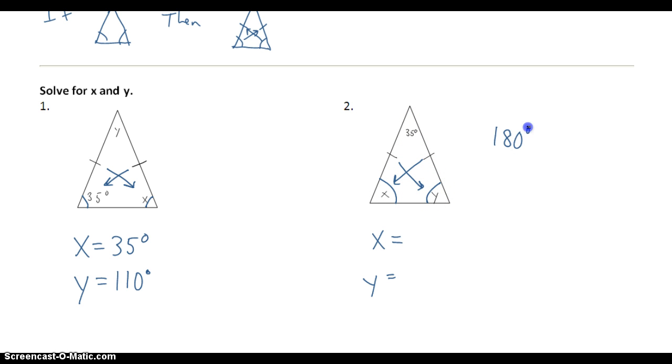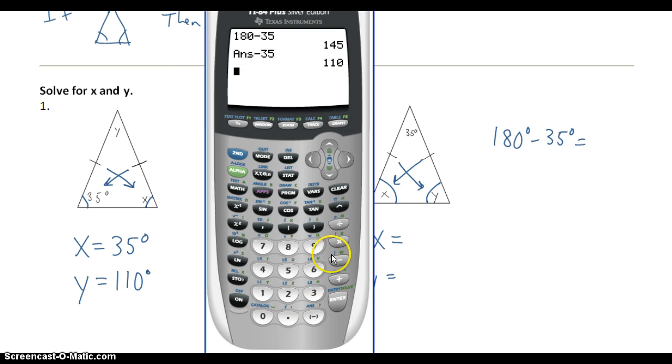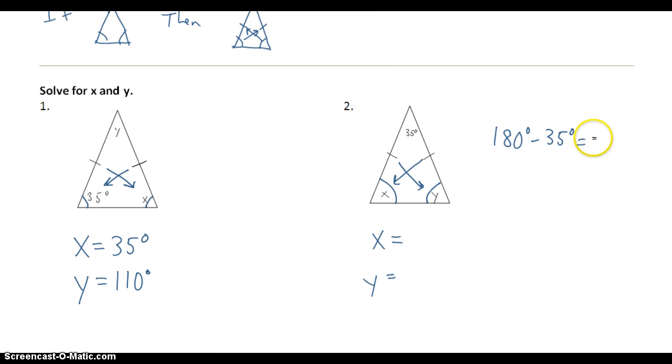So if I take 180 degrees and I subtract 35 degrees, that tells me that between these two angles, I have 145 degrees left. I need to split 145 degrees between these two angles.